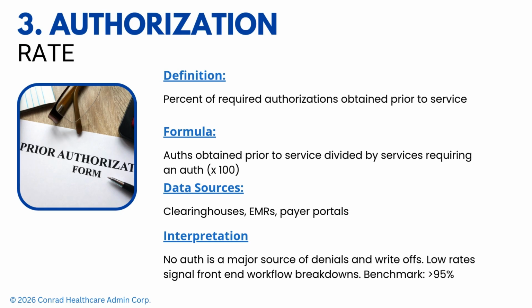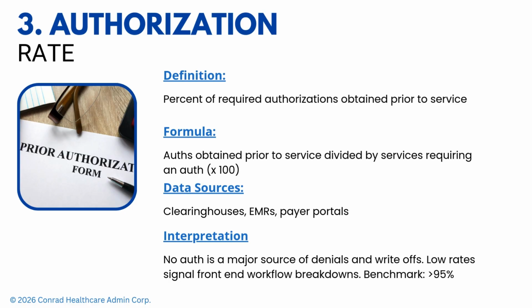Number 3, authorizations rate. This is the percentage of required authorizations that are obtained prior to providing the service. And the formula for this is the number of auths obtained prior to service divided by the number of services requiring an authorization. Remember, too, that not every payer requires an authorization and not every service requires an authorization.